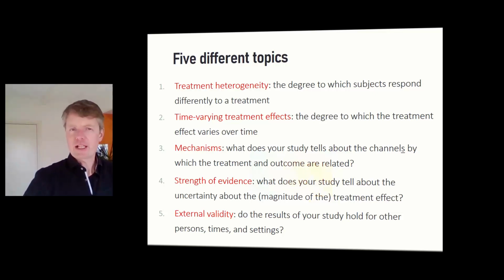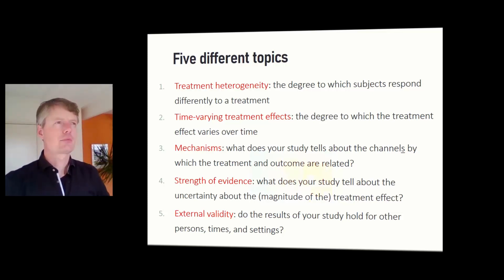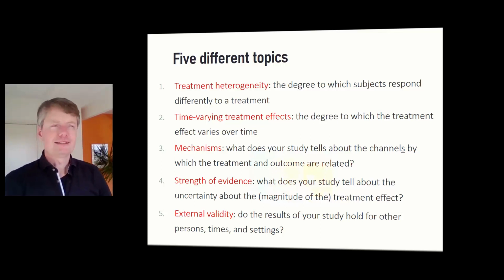After having discussed mechanisms, we go on to so-called strength of evidence. We were very careful in Econometrics 1 in expressing our level of confidence. Remember that I encouraged you to report confidence intervals. So not just a point estimate, like this treatment lowers this bad outcome by 10%, but also to mention the 95% confidence interval.